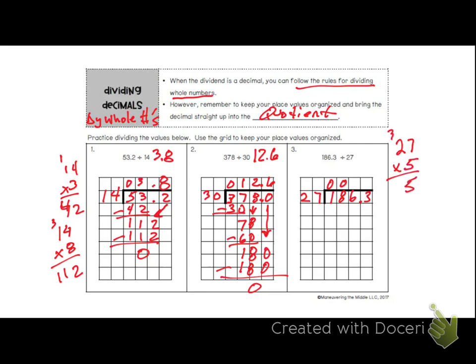Carry a 3. 5 times 2 is 10 plus 3 is 13. 135. I think I can go a little bit bigger. 27 times 6. That's 42. Carry a 4. 6 times 2 is 12 plus 4 is 16. Yes, I like that number better. 6 times 27 is 162.